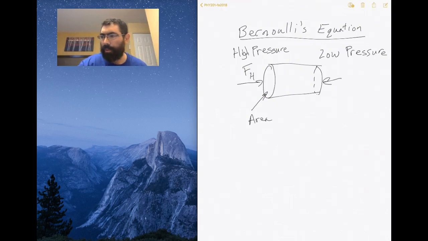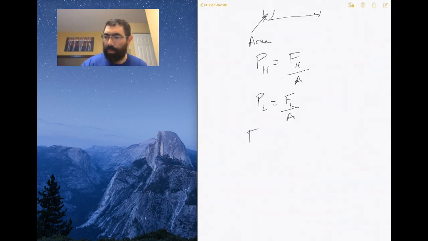And there's going to be a force pushing on this side, which we'll call FL. So you have a high pressure side and a low pressure side. The pressures are just going to be the force divided by the area. Where the net force is going to be the high pressure minus the low pressure side.